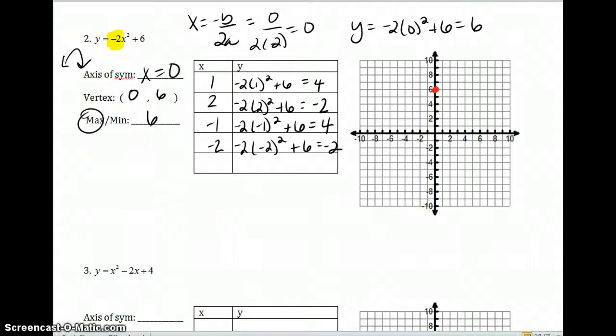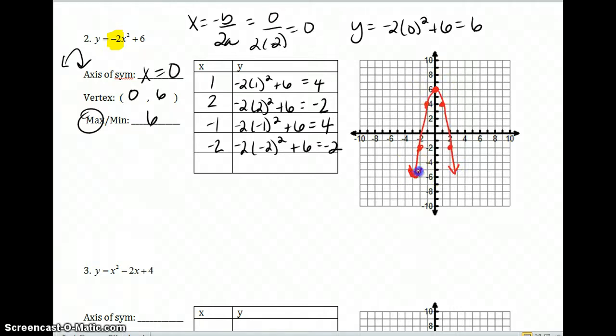So let's go ahead and plot the points. So (1, 4) and (2, -2). And then (-1, 4) and (-2, -2). Connect the points to make your parabola.